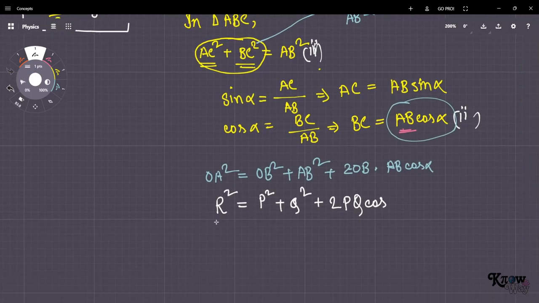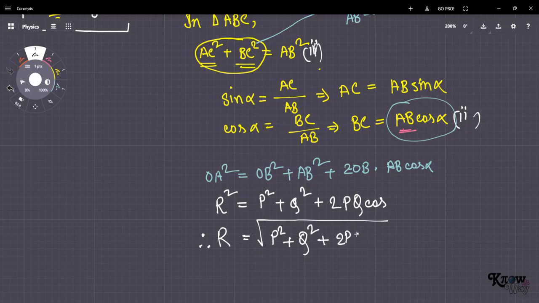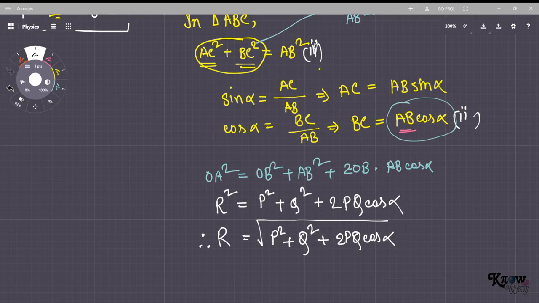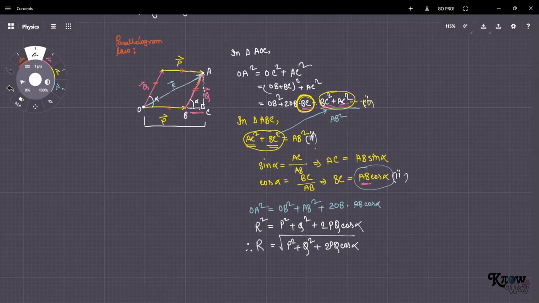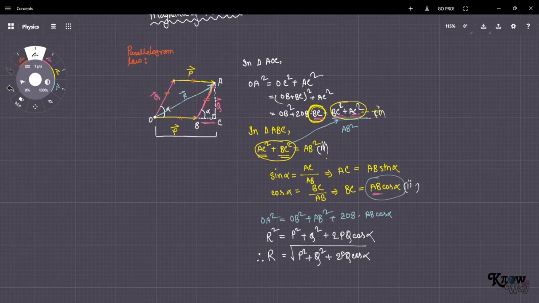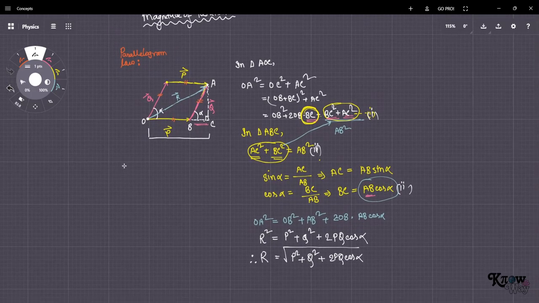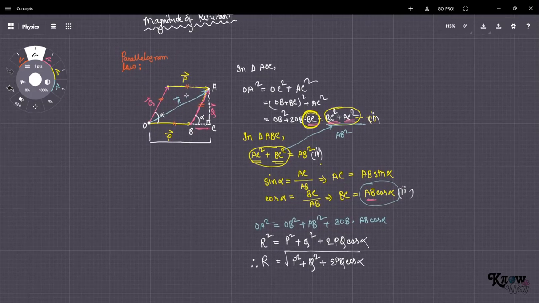So r is equal to the familiar formula you all needed, the square root of p squared plus q squared plus 2pq cos alpha. And that, my guys, is the parallelogram law that you knew, and it was made very easy for you to understand the whole concept of this.